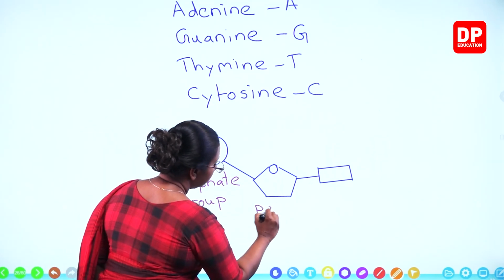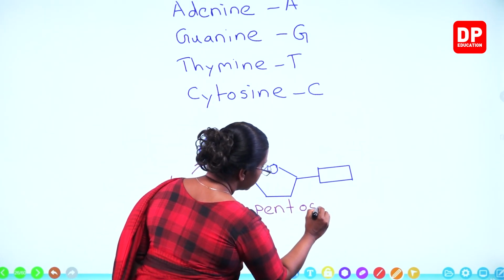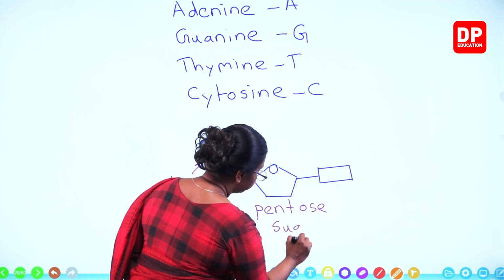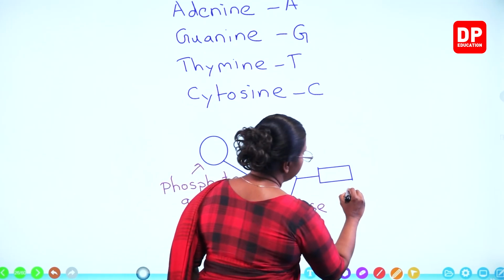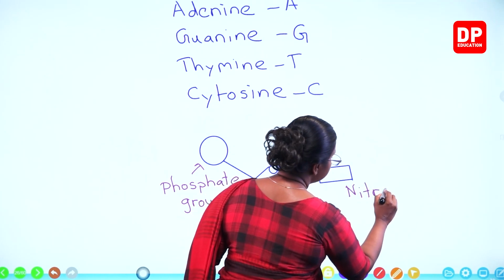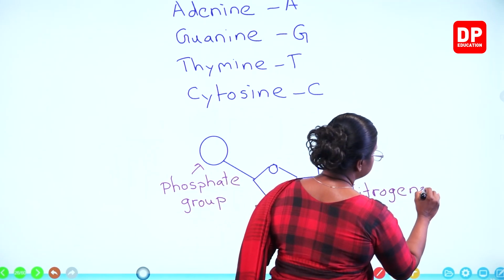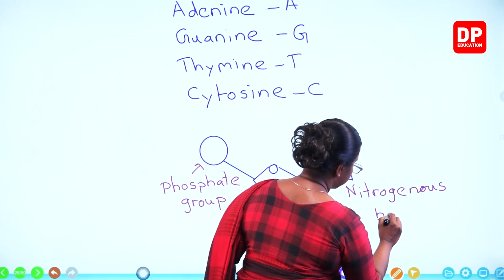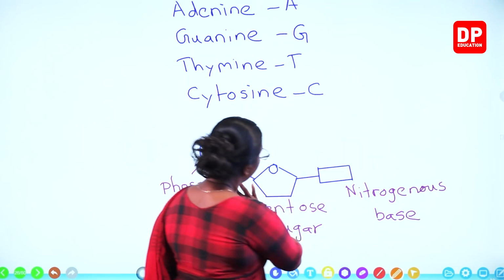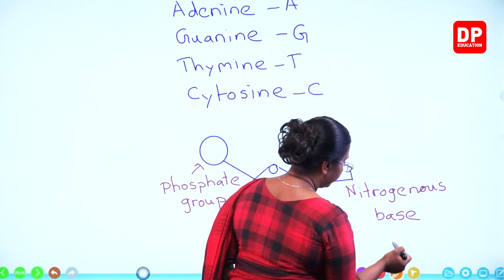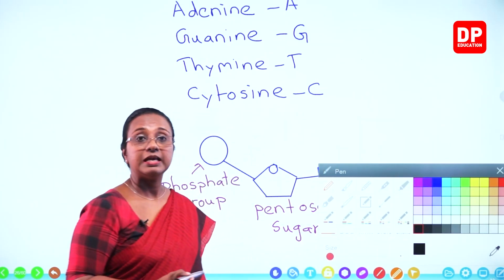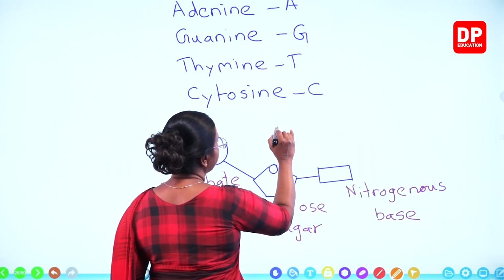Then we have the pentose sugar, and then the nitrogenous base. All these 3 together, what is it known as? It is a nucleotide.